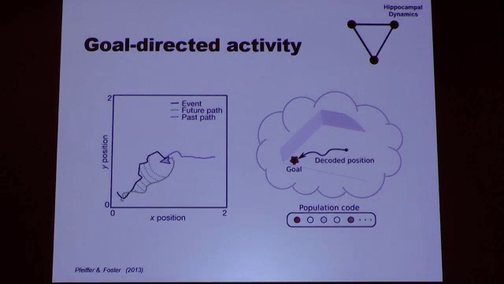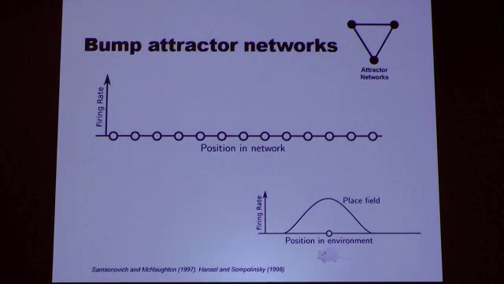So the basic model that I'm going to be using to look at whether we can explain both of these phenomena is a bump attractor network. This is a very common model of hippocampal activity. And the idea here, again, is that we have this cell that responds within a specific region of this environment defined by its place field when the rat is within that region.